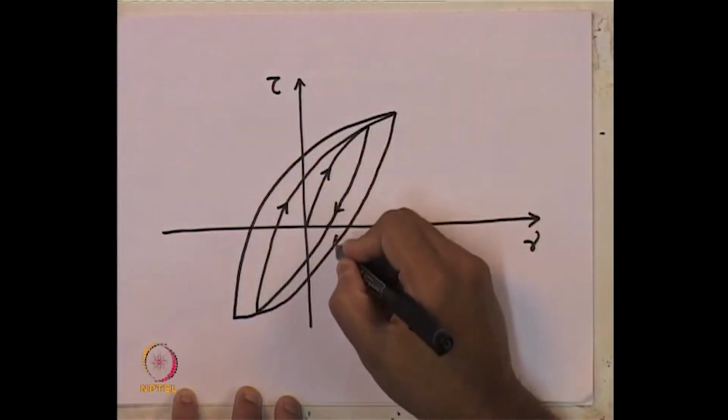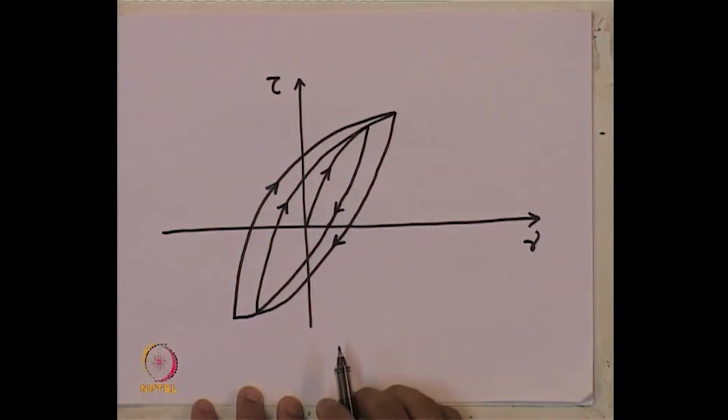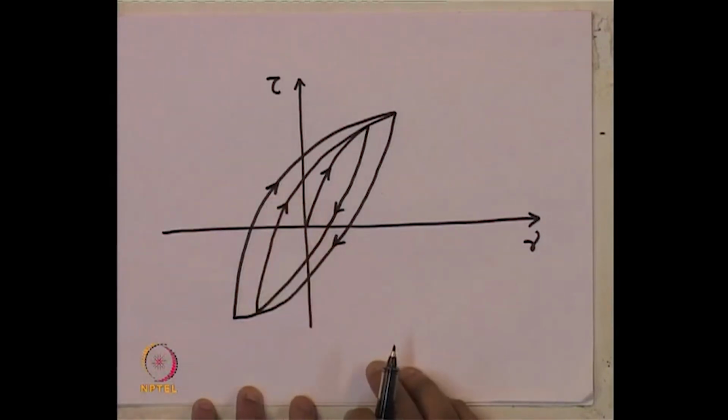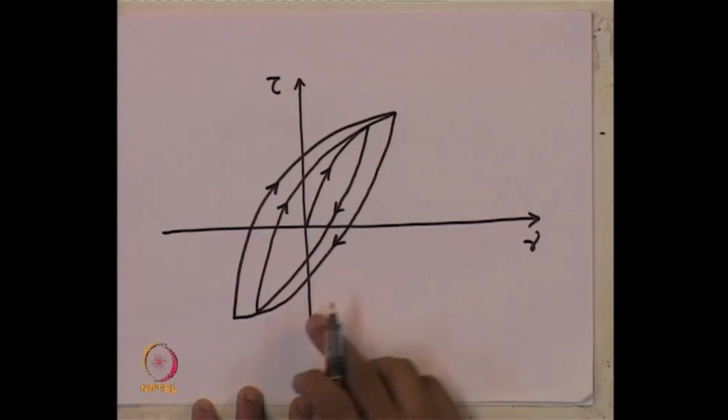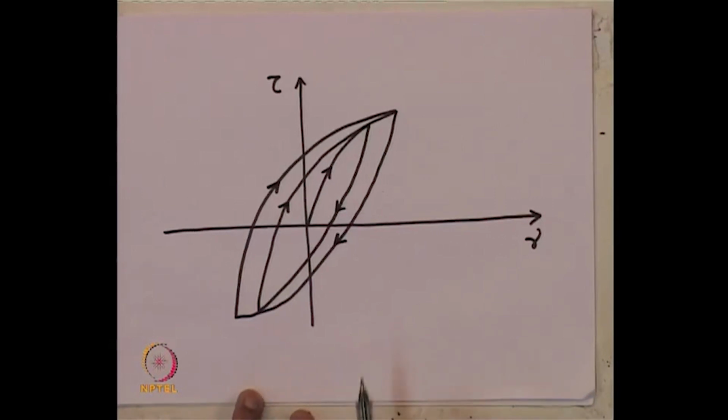So, this is the typical variation of loading and unloading, that is, of any cyclic test if we conduct in the laboratory on any soil sample. This is the typical behavior of shear stress versus shear strain. And from the slope of this curve, what will we get? We will get the modulus, which is nothing but the shear modulus.